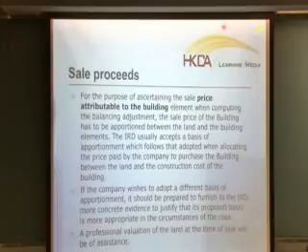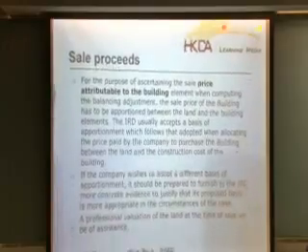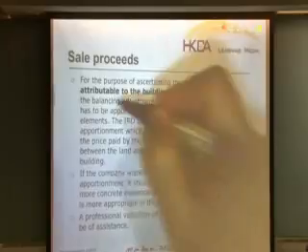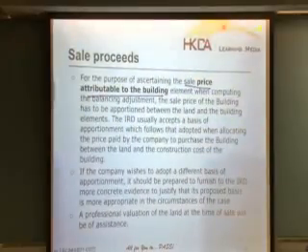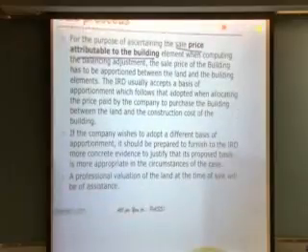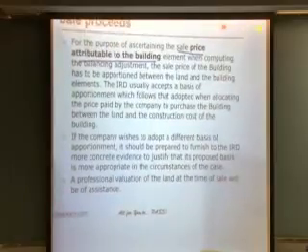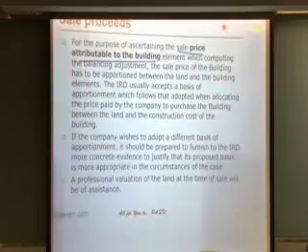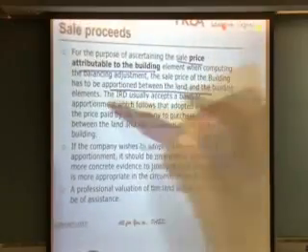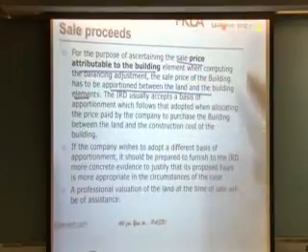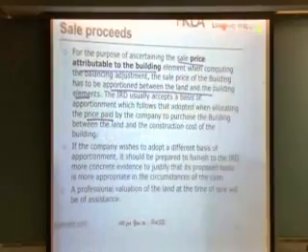When you sell the property, as I mentioned before, you need to calculate the selling price attributable to the building in order to calculate the balancing adjustment. Sometimes the IRD will use the basis according to your purchase, a portion between the land and building elements, based on your price paid before.